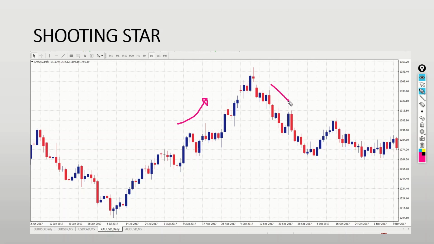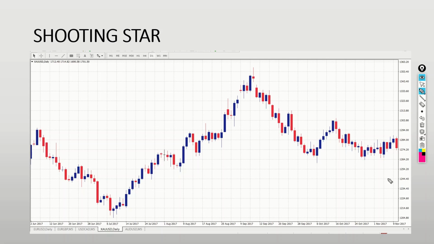When it is formed, the price has to reverse into a downtrend. This is our shooting star, and it is the opposite of an inverted hammer. It has a body, then it has a long wick, and the lower wick might be little or absent. So that is a shooting star.